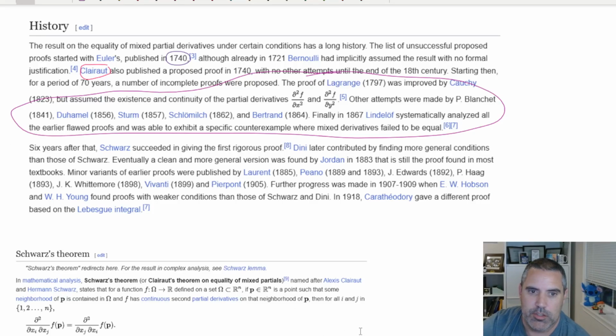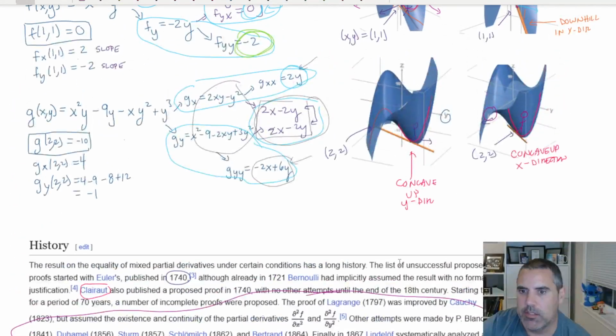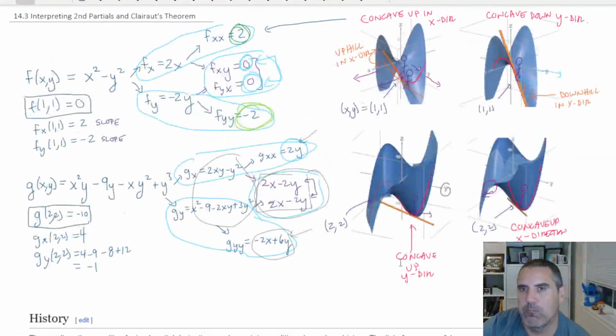Schwarz because he actually proved it. Anyways, so that's kind of an interesting history. Hope that gives you a little bit more background. Ultimately, you should understand that it has something to do with measuring the concavity around a point. And that makes sense because it's telling you how the slopes are changing around that point. All right, thanks for listening.